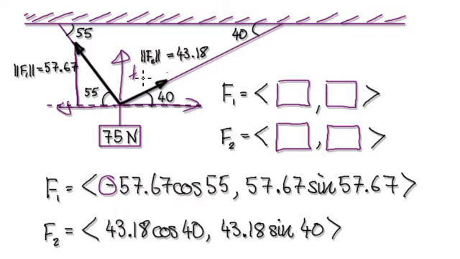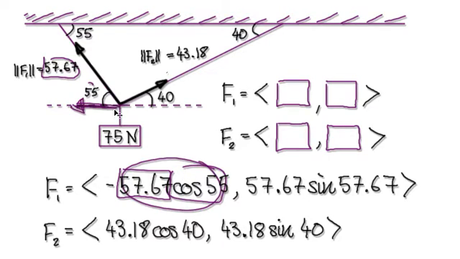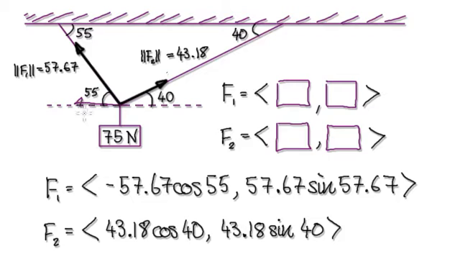Pulling up would be positive, and this thing here would be negative. So looking at f1 in this direction, it would be our magnitude times cos 55. This thing here represents this arrow here. But because we're putting it to the left, we need a negative.